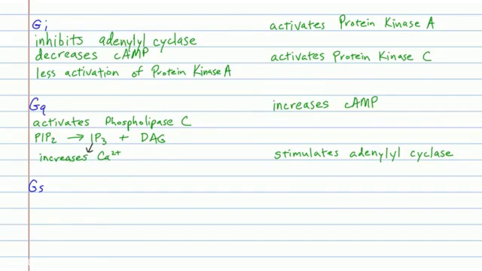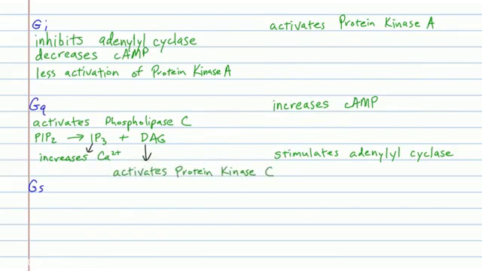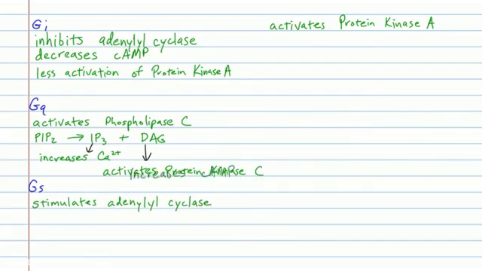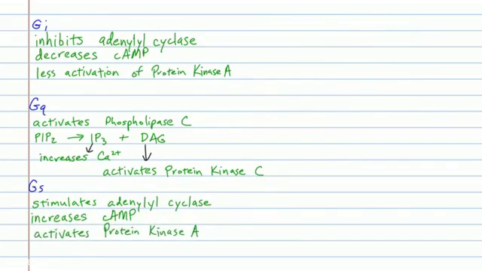We'll draw a little arrow there. And then the DAG is going to activate protein kinase C. And then for GS, remember GS, S is for stimulate, so GS stimulates adenylyl cyclase, and that's going to increase cyclic AMP, and that will activate protein kinase A.